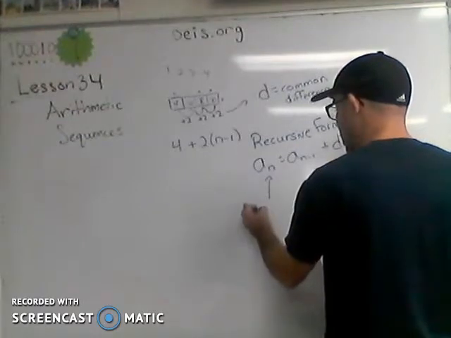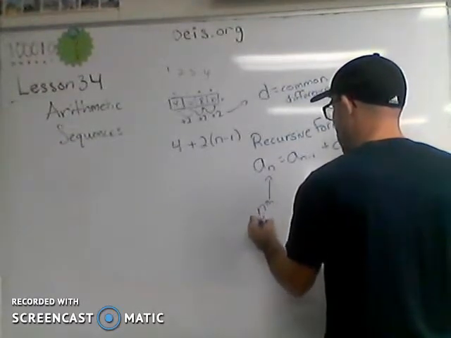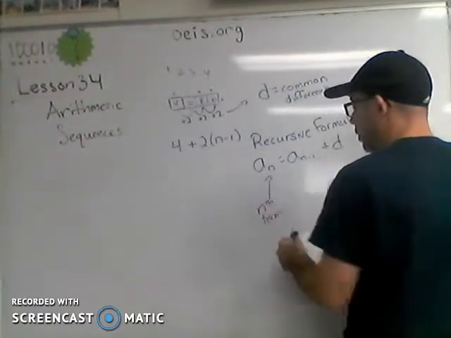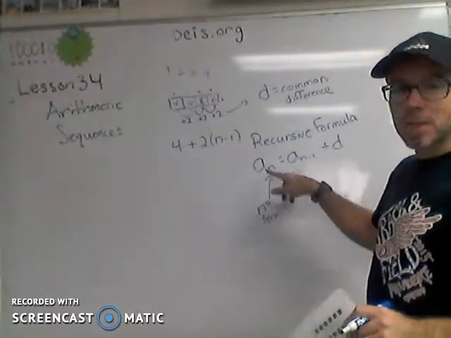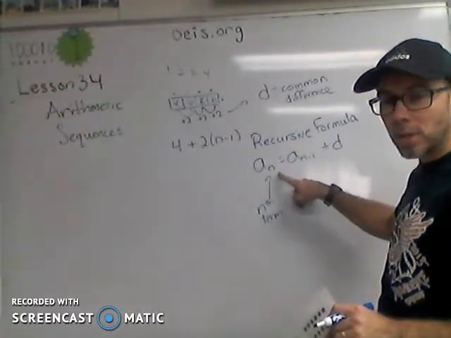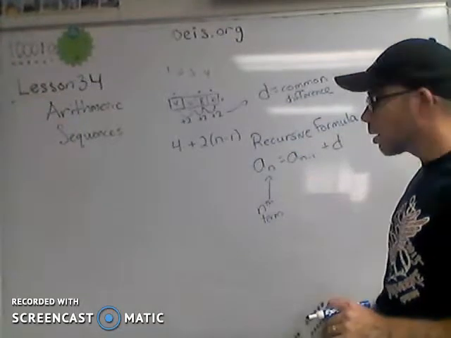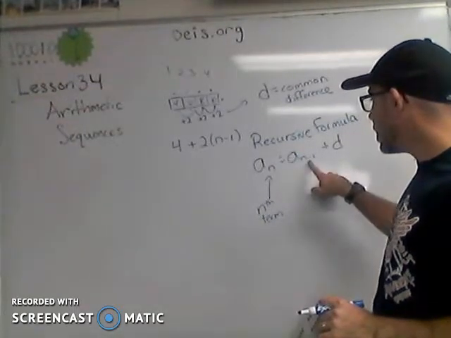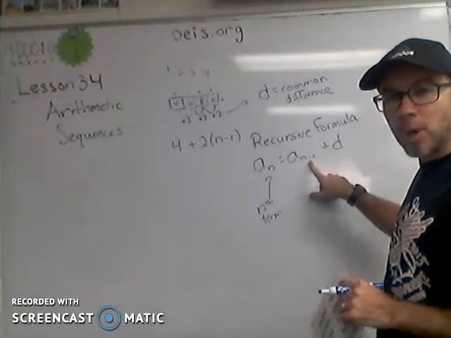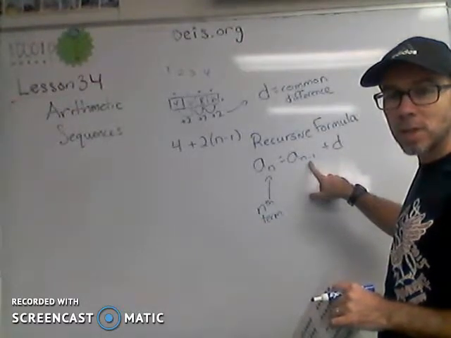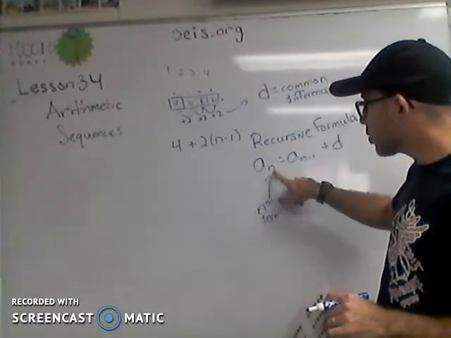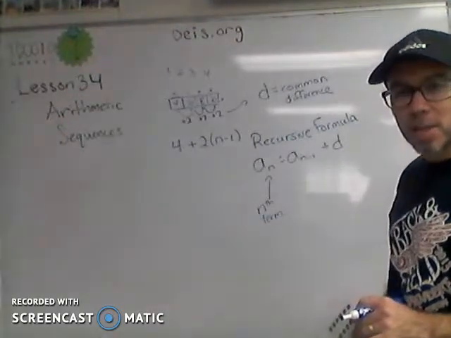This right here is called the nth term. So if we put in a 2 there, that would be the second term. If we put in a 3 there, it would be the third term. Okay? What you need, though, is the term that came right before it. That's what this one is right here. And the subscripts are not like exponents. It's not an operation.